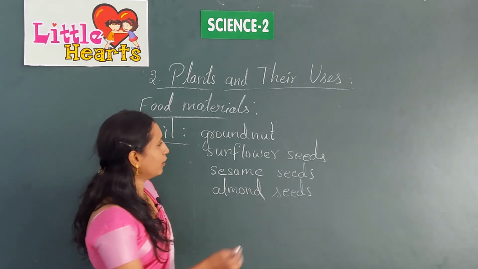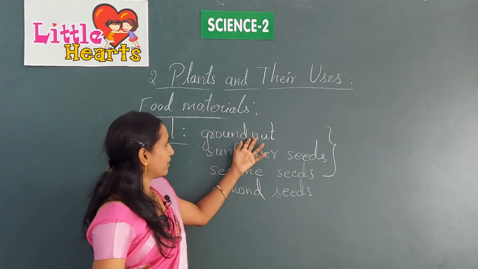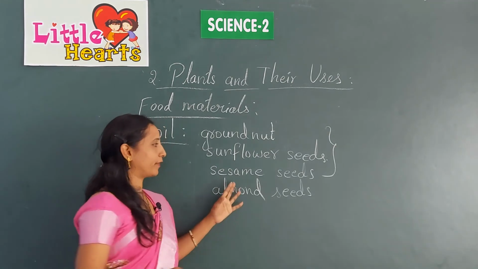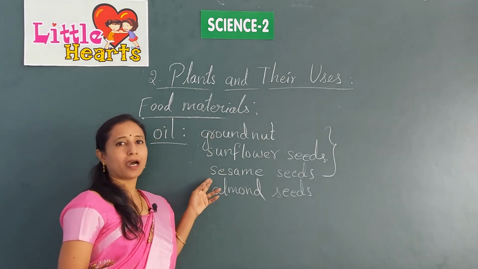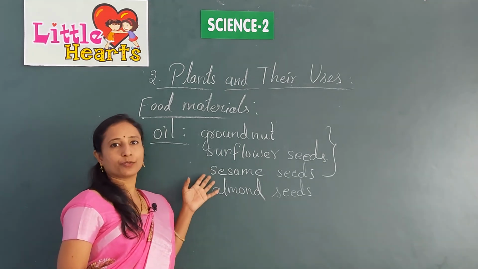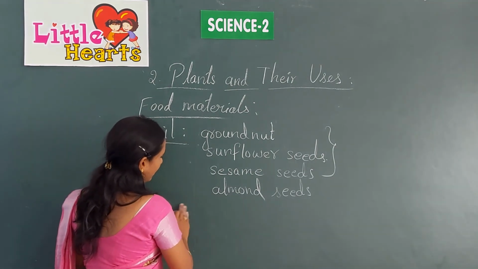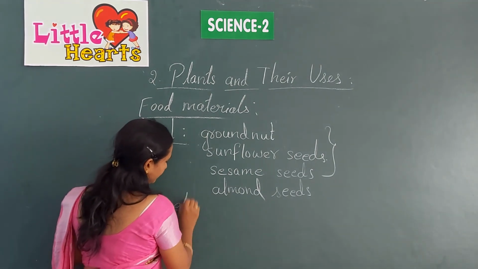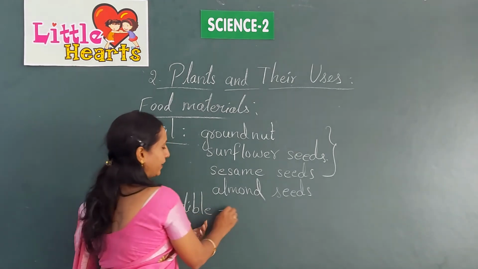For example, groundnut and sesame, these two are the seeds which we can eat or use in the curries also. So the seeds which are edible. What is the meaning of edible? Which can be eaten.